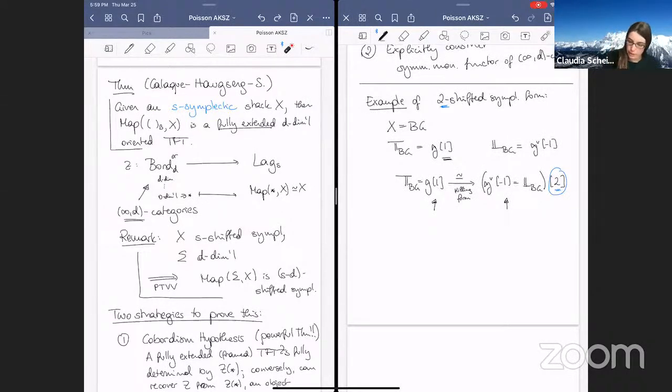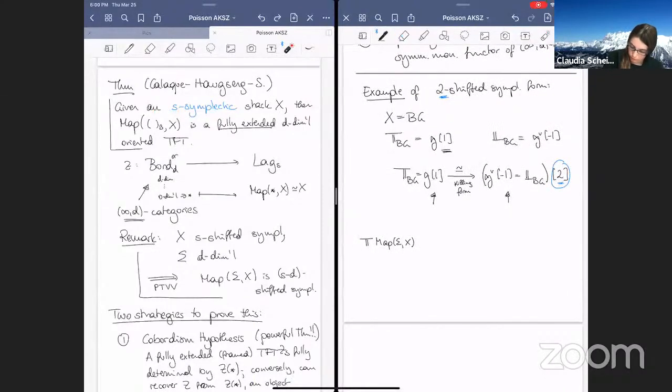Great. Maybe the other example that I want to give you is what happens if we have maps from sigma to some x. Well, this will just be the singular cochains.